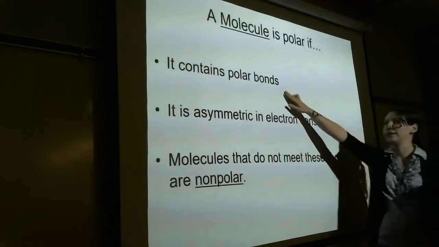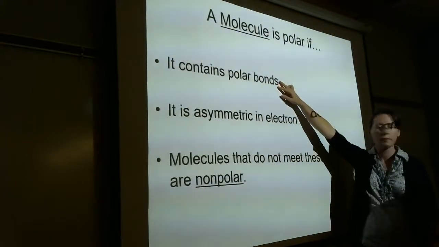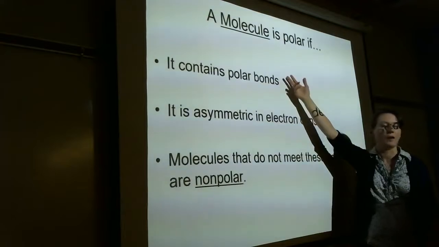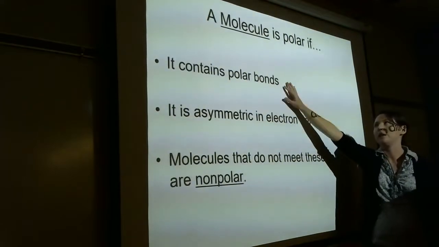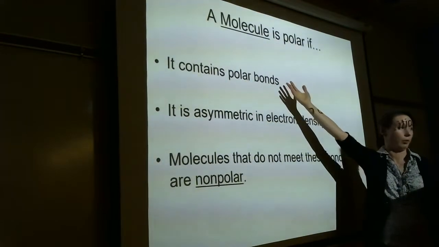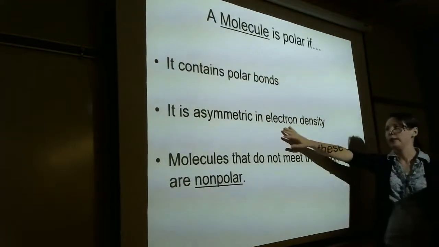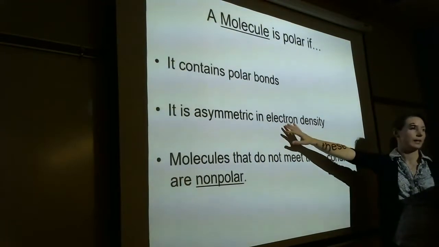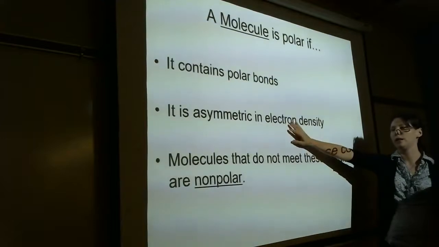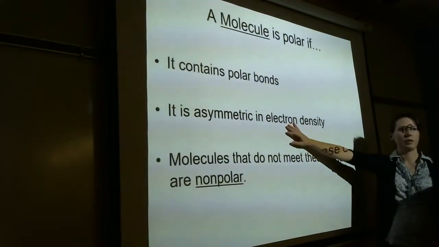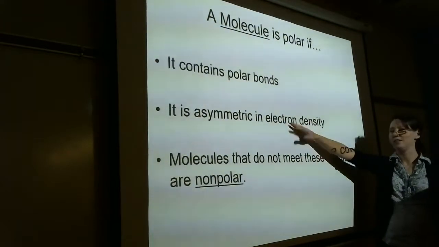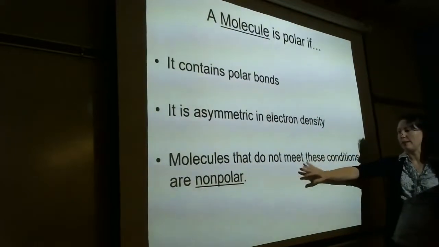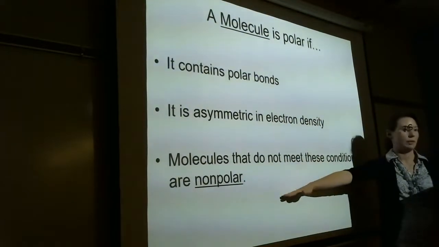It first has to contain polar bonds. If all the bonds in that molecule are non-polar, then by definition, that molecule has to be non-polar. And number two, it has to be asymmetric in its electron density. I'll show you lots of examples of this, because the best way to learn it is to see lots of examples. If you don't meet these two requirements, then you have to be non-polar.